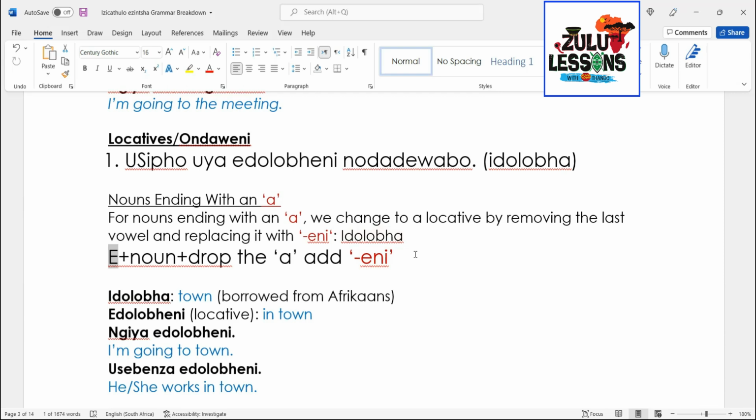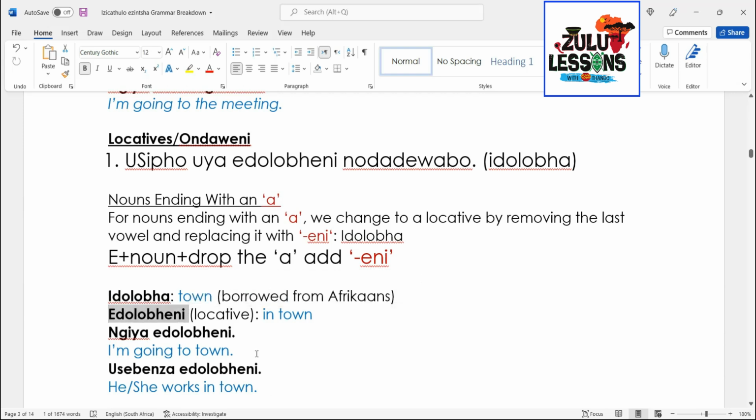So you have your e, which means a locative, the body of the noun, you drop the last vowel, and then you put in eni. So now we have edolobheni.